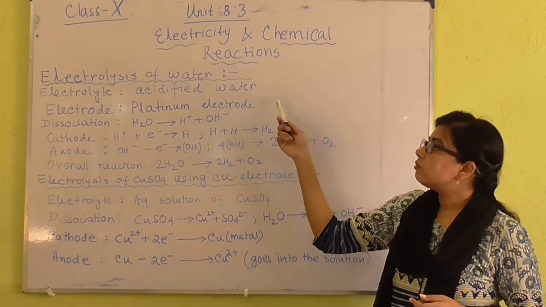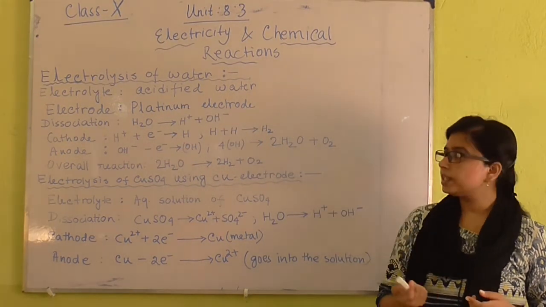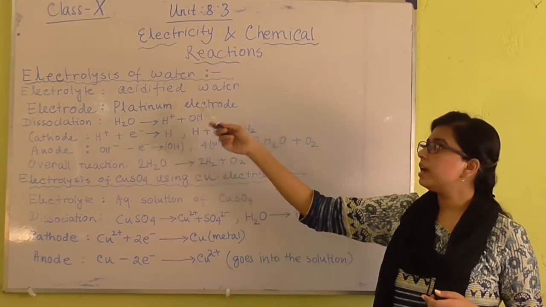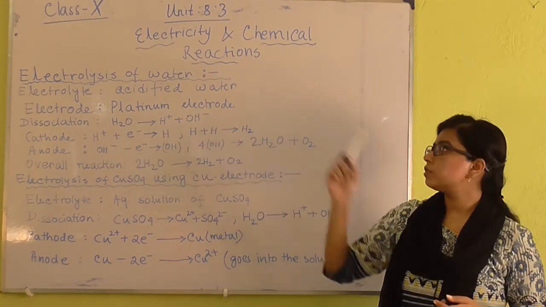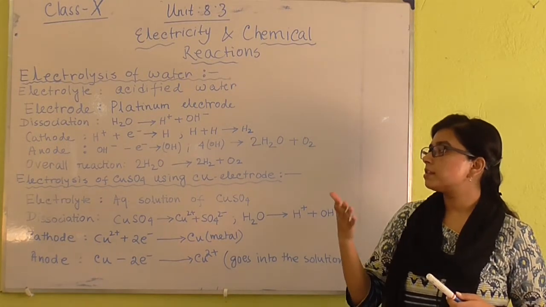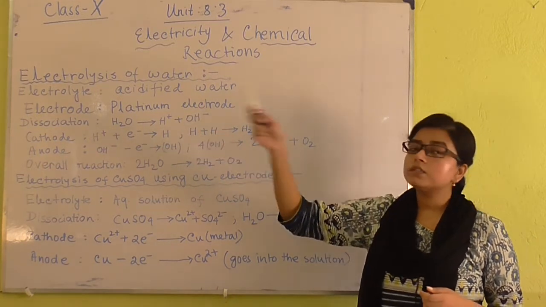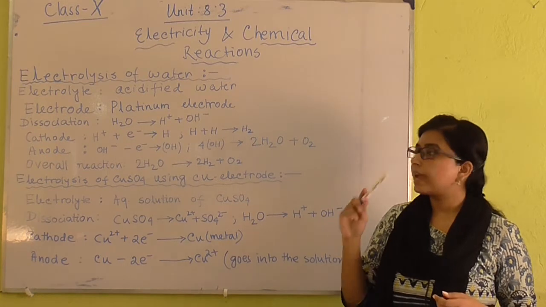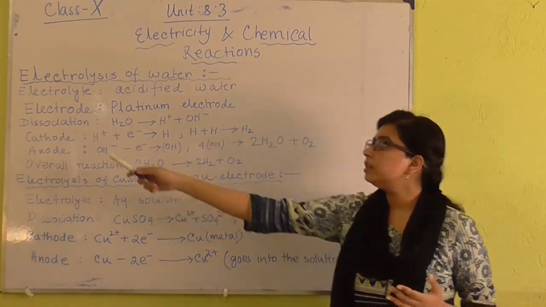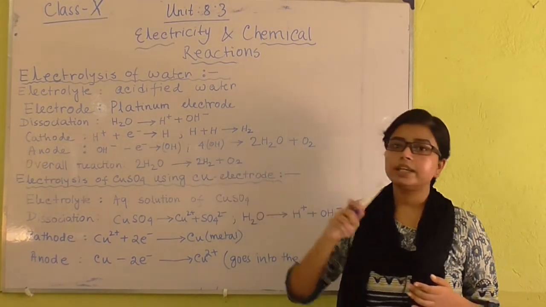Now if I pass the electricity, the water will dissociate and produce the hydronium ion, that is the H+ ion, and the hydroxide ion, that is the OH- ion. Okay, and as we know from the previous dissociation of NaCl, all the cations will move towards the cathode. So all the H+ ions will move towards the cathode and will consume one electron, as hydrogen is monopositive.